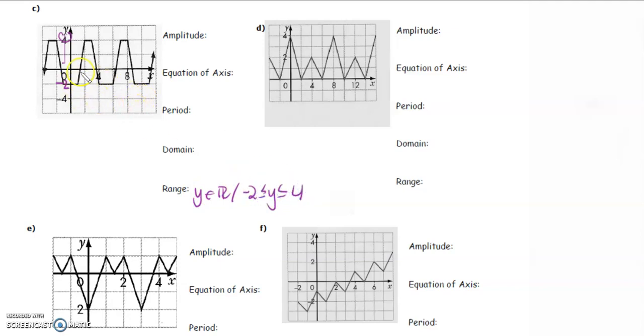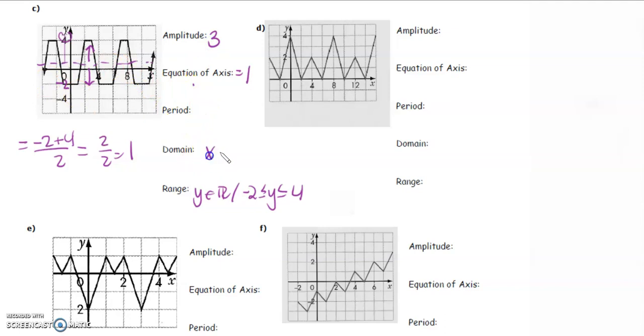Now, what's the number between -2 and 4? If we average it out, I get 2 over 2, which is 1. If we locate where 1 is on this graph, that's our equation of axis. And we go up 3 to get to 4, and then down 3 to get to -2.